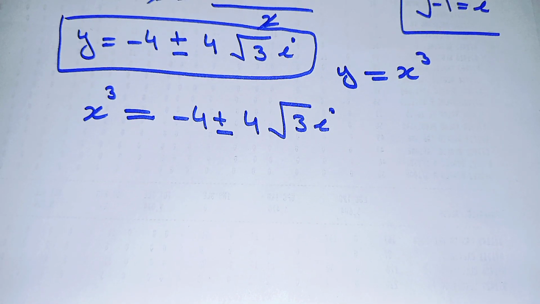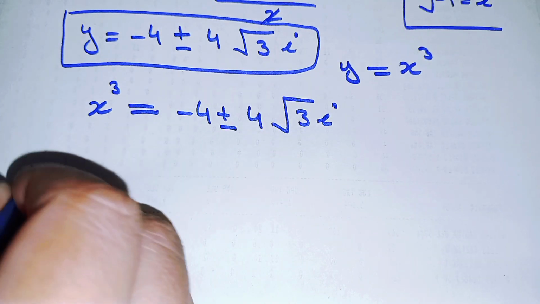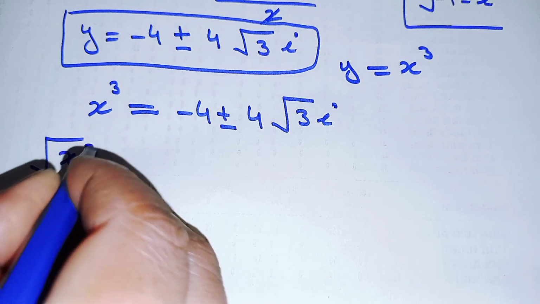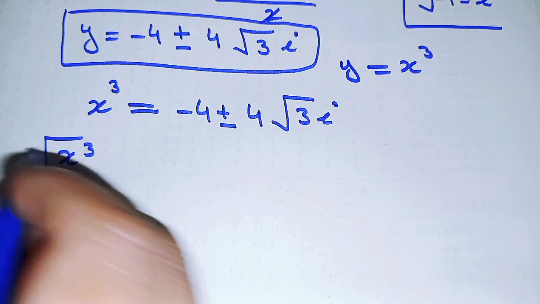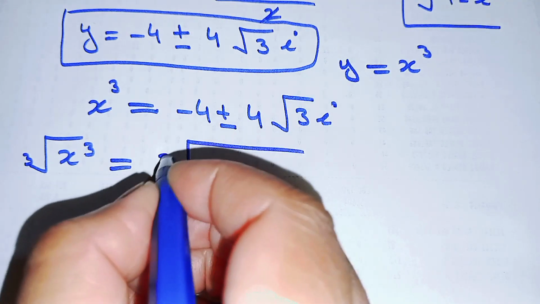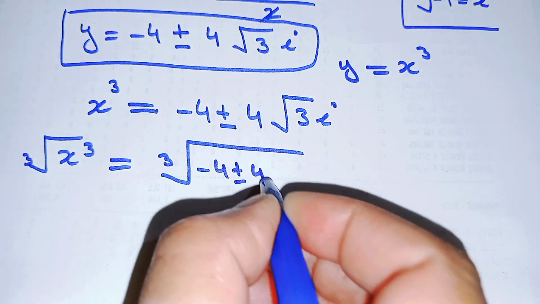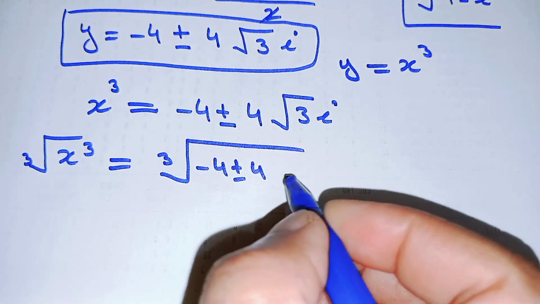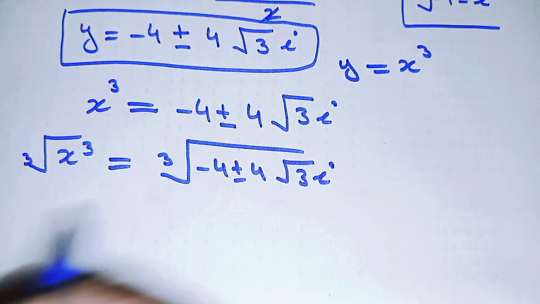And now here we take the cube root on both sides, so x is equal to the cube root of minus 4 plus minus 4 square root of 3i.